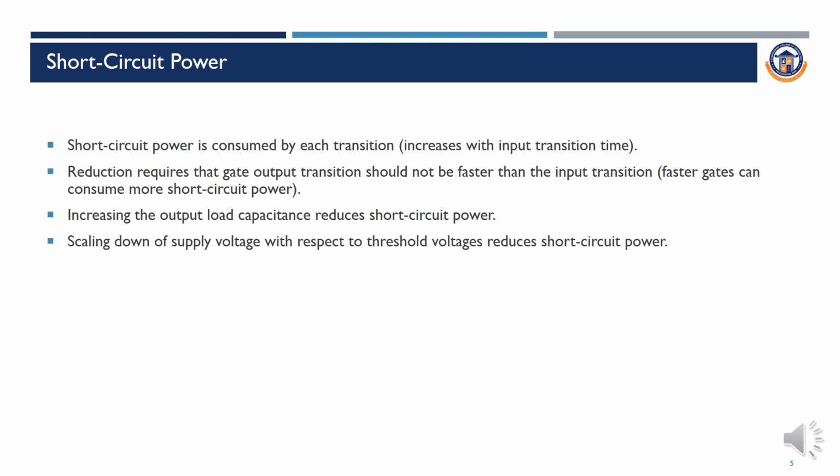After the input transition occurs, only then should the output change its position. In that way, we have to design the circuits. Also, increasing the output load capacitance reduces the short circuit power, and scaling down of the supply voltage with respect to the threshold voltage reduces the short circuit power.